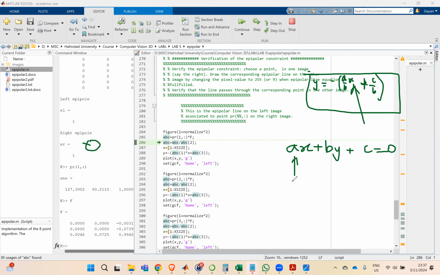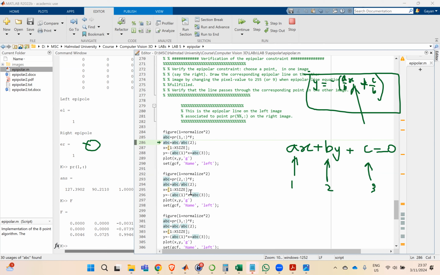This is the first value you get, and this is the second value you get, and this is the third value you get. And those are your values. When you see your ABC, the second value, we need to divide all the rest of the values by the second value, right? That is your B, because you know this is your B. So that is what we did in here. We divide ABC by the second value.